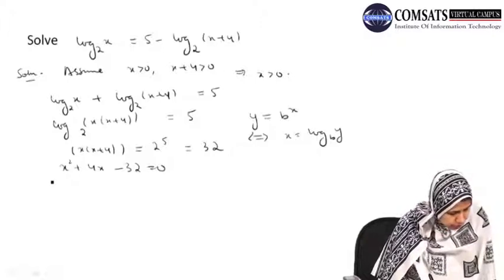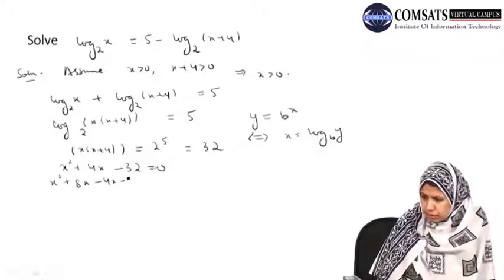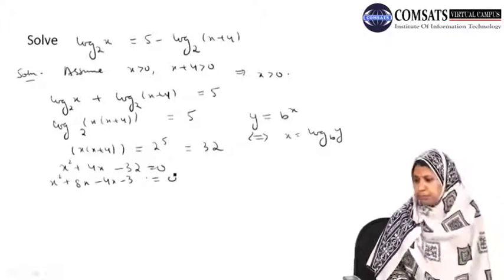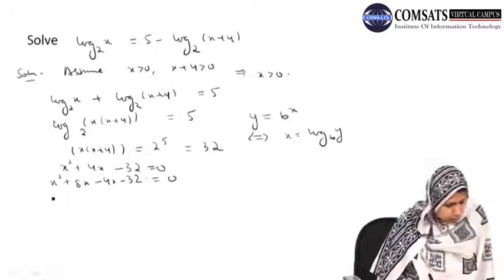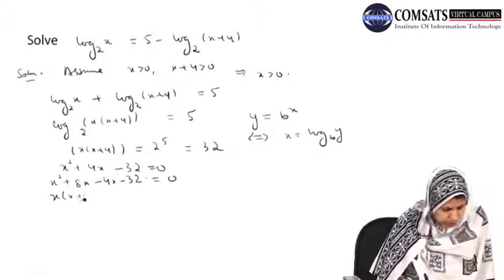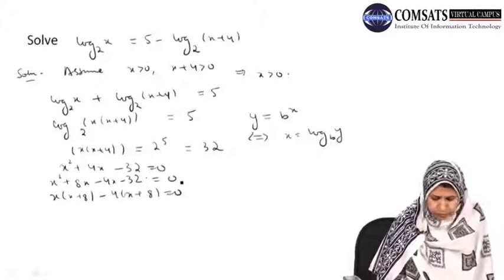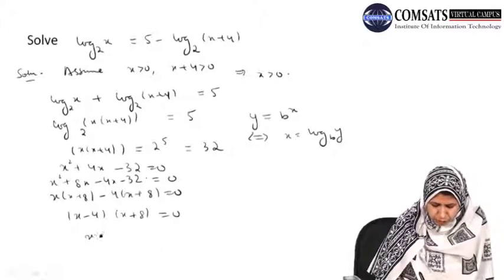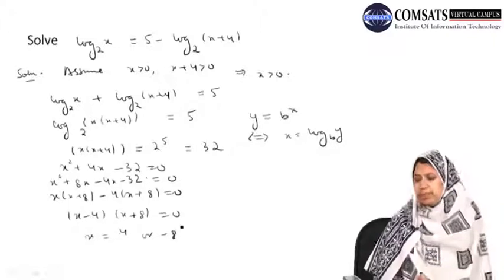Here we will use the factors, which are x square plus 8x minus 4x minus 32 is equal to 0, and we obtain x into x plus 8 minus 4 into x plus 8 is equal to 0. Simplifying, we obtain x minus 4 into x plus 8 is equal to 0, and the values of x are x is equal to 4 or minus 8.